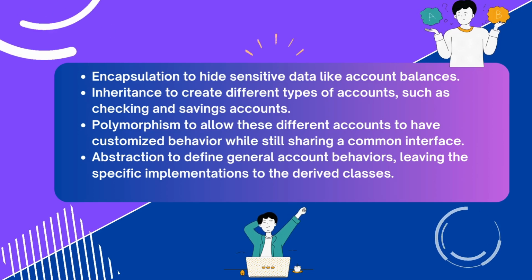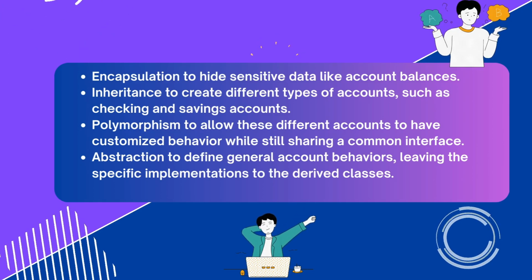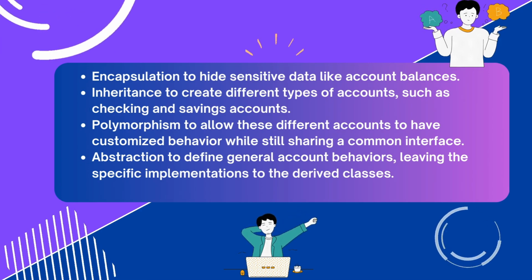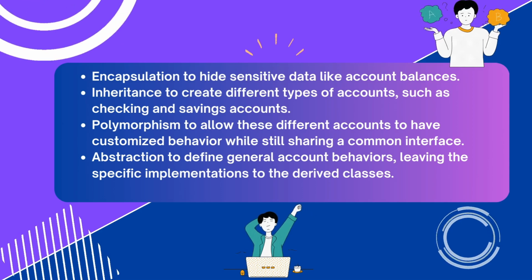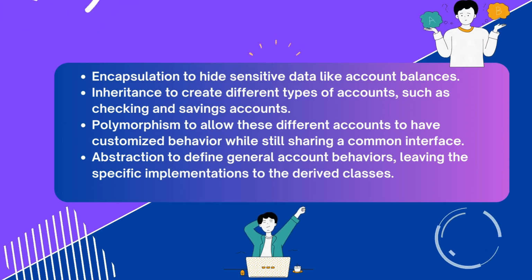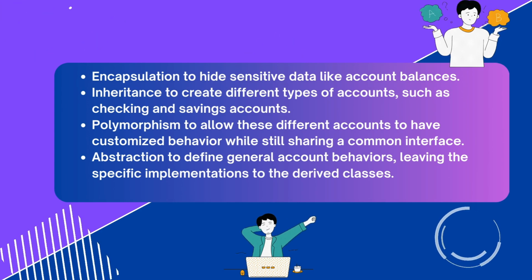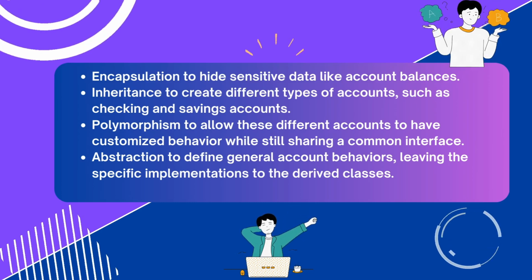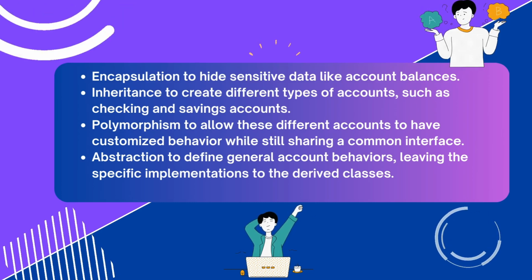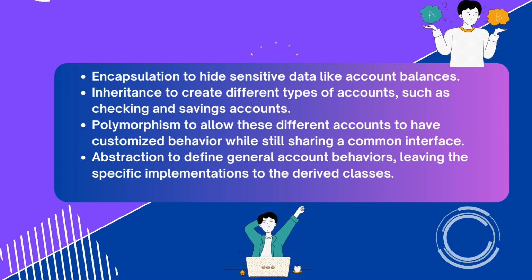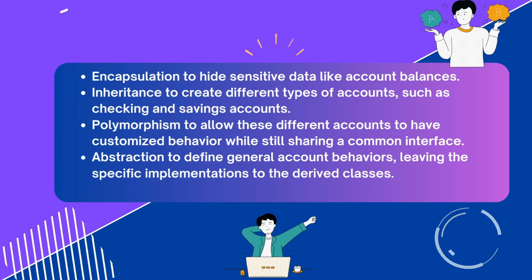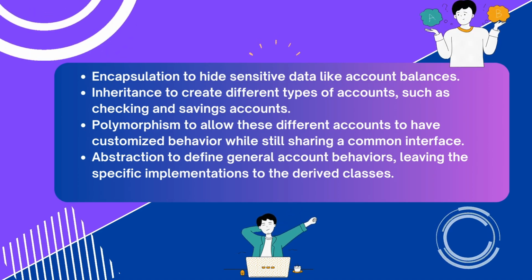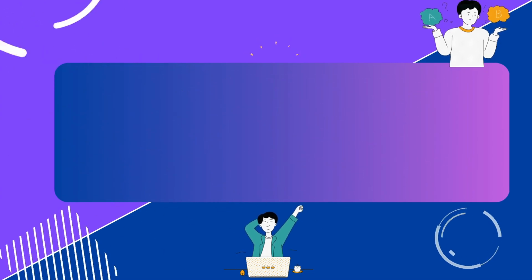You'd use encapsulation to hide sensitive data like account balances, inheritance to create different types of accounts, such as checking and savings accounts, polymorphism to allow these different accounts to have customized behavior while still sharing a common interface, and abstraction to define general account behaviors, leaving the specific implementations to the derived classes. By using these principles, you'll write code that is easier to understand, maintain, and extend.